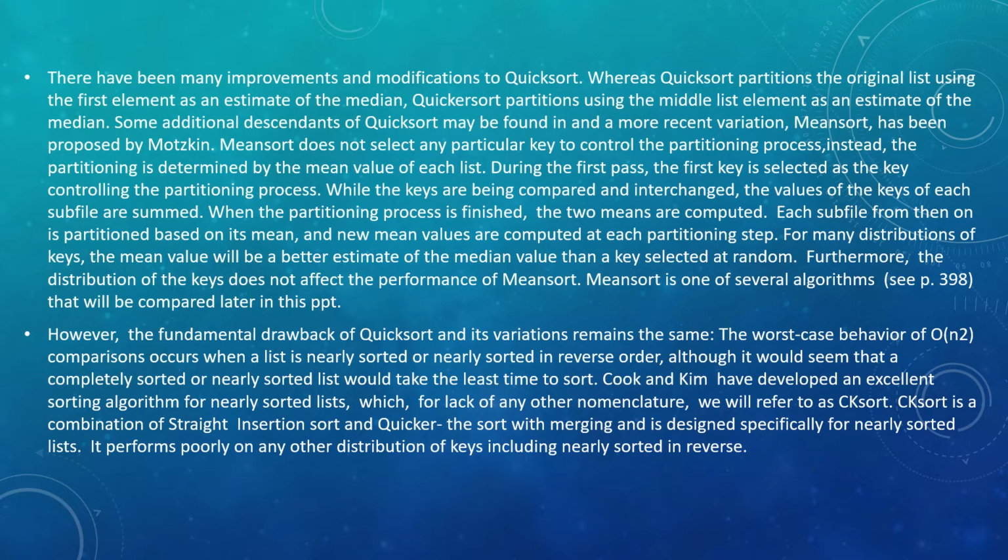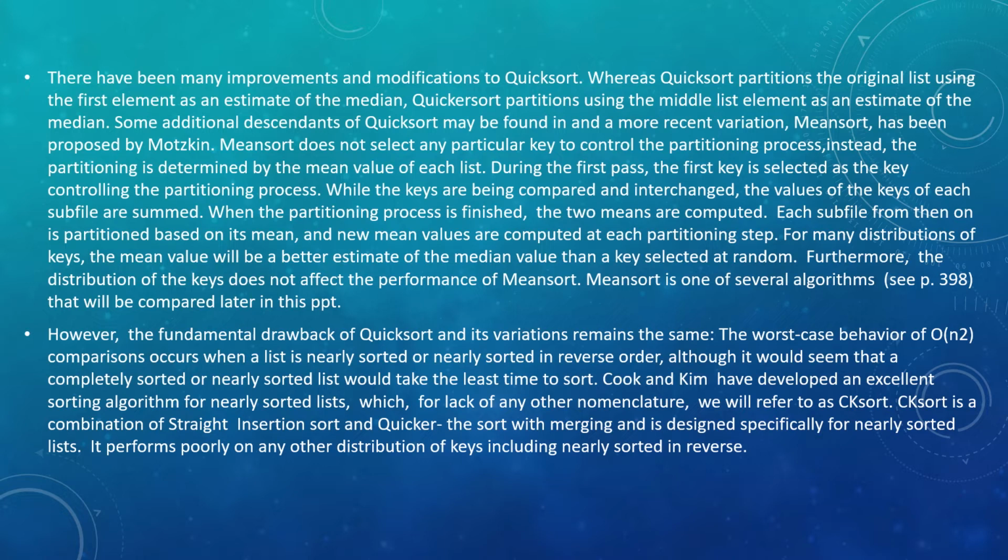During the first pass, the first key is selected as the key controlling the partitioning process. While the keys are being compared and interchanged, the values of the keys of each subfile are summed. When the partitioning process is finished, the two means are computed. Each subfile from then on is partitioned based on its mean, and new mean values are computed at each partitioning step.